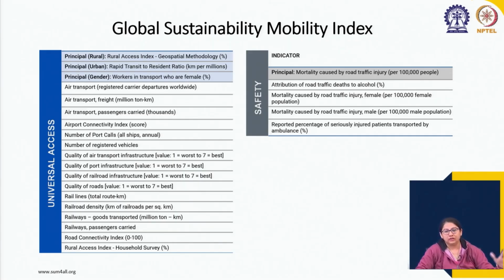We have the overall attribute of road related traffic deaths attributed to alcohol, and mortality caused by road traffic injury for female, for male, as well as the reported percentage of seriously injured people who were transported by ambulance.